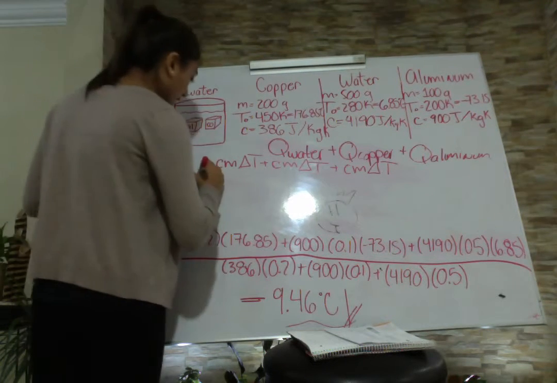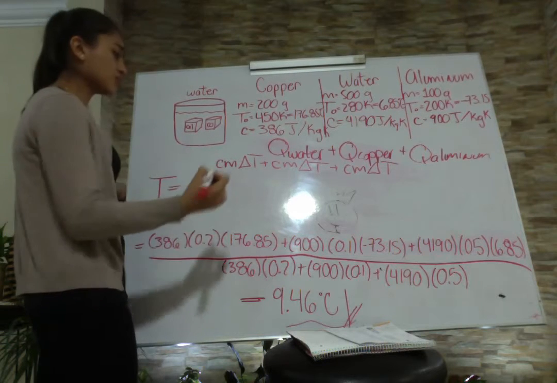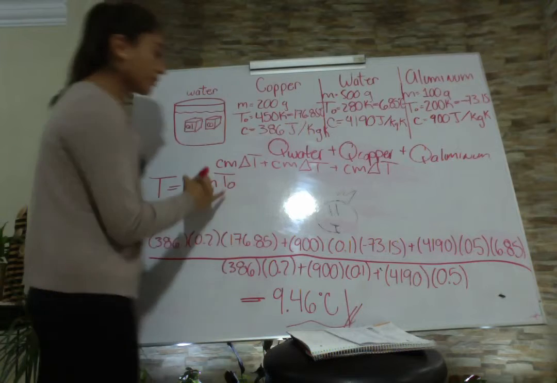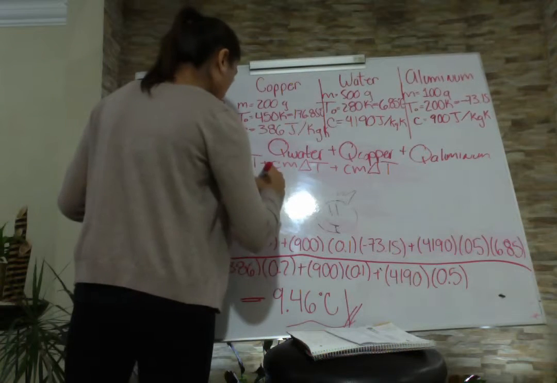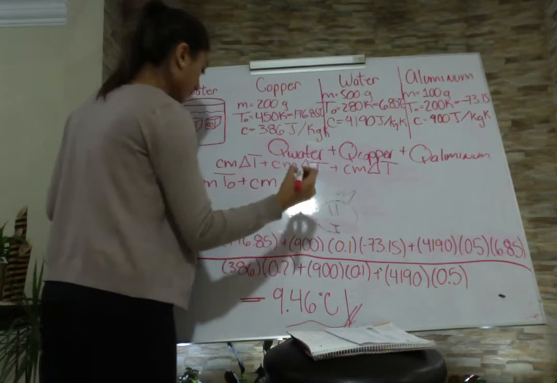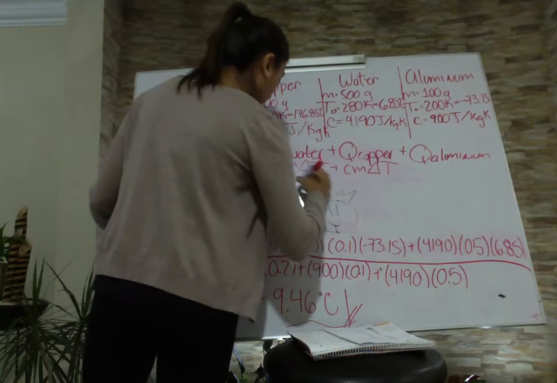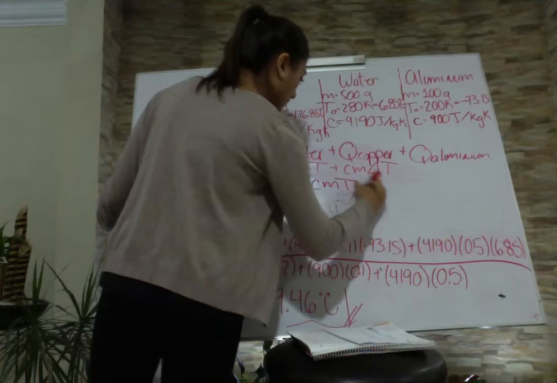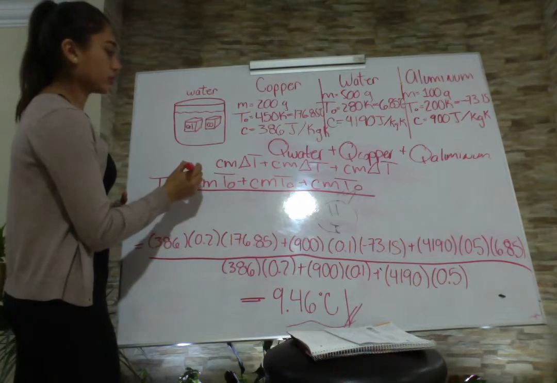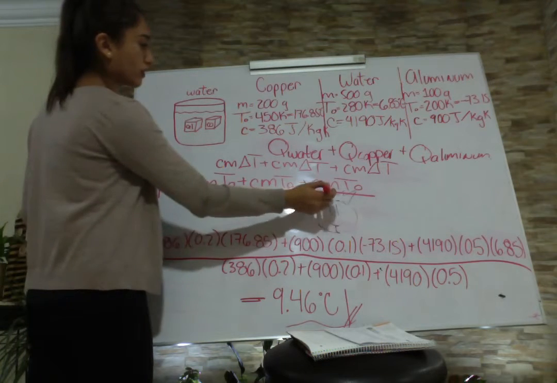It's always the specific heat times the mass times the initial temperature, plus the specific heat of the other thing. This is for the copper, this is for the water, and this is for the aluminum.